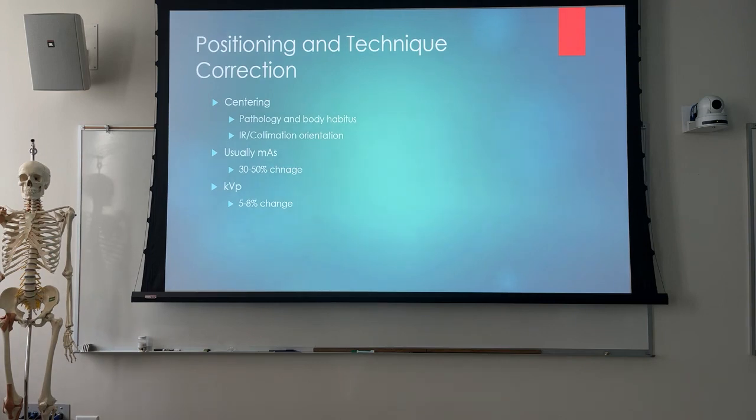All right. So what we're going to look for is centering. We'll talk about pathology, body habitus, and take a look at some images there. Usually, your technique correction is going to be mAs, again, because with kVp, an increased percentage of scatter radiation reduces contrast. So again, I think we're going to see a change in kVp eventually.